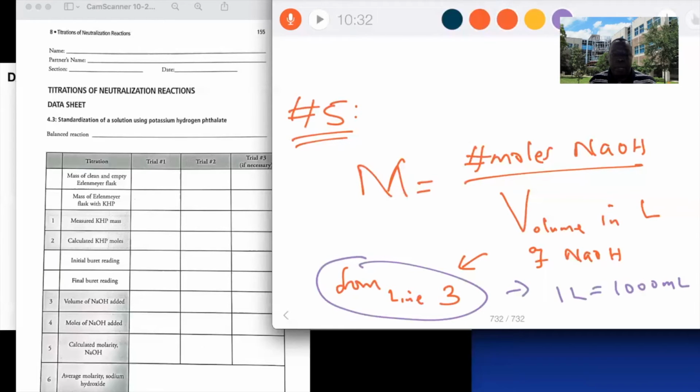I know you are familiar with the factor label method or dimensional analysis. Set up your equation, cancel the units, and proceed with the calculation. I want to see that you have attached an extra sheet of paper if the space provided in the lab manual is not enough. You will do this for the 3 trials, and then of course you will find the average.